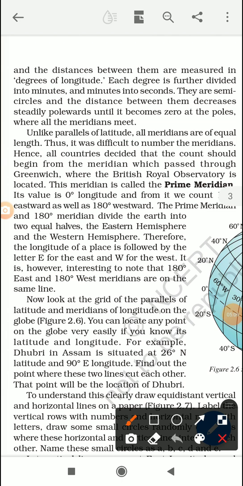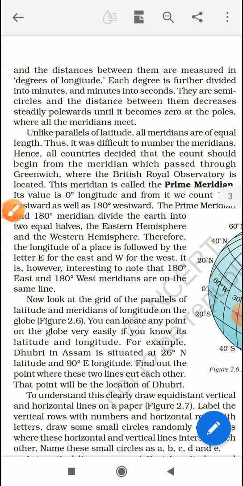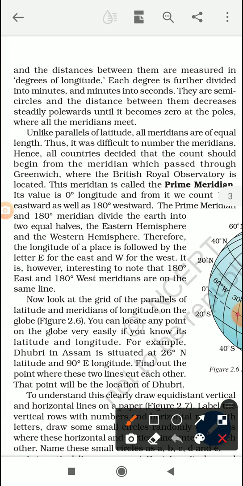The distance between each longitude is measured in degrees of longitude, and each degree is further divided into minutes, and minutes into seconds. They are semicircular in shape, and the distance between the longitudes decreases steadily as we move towards the pole and becomes zero at the poles.